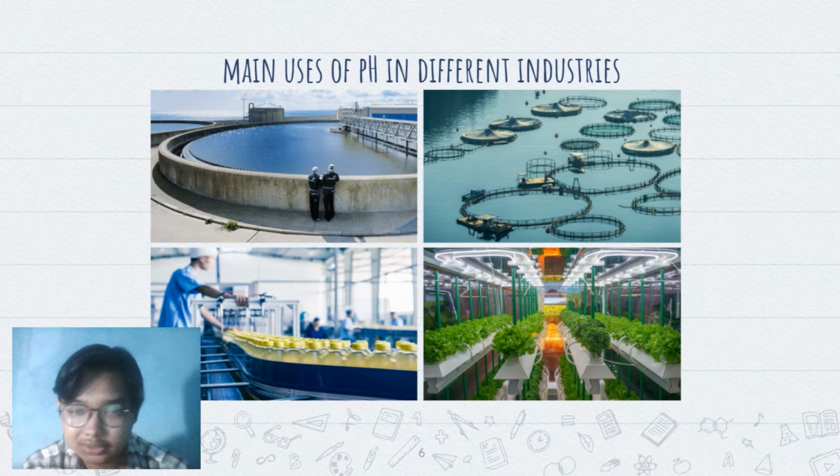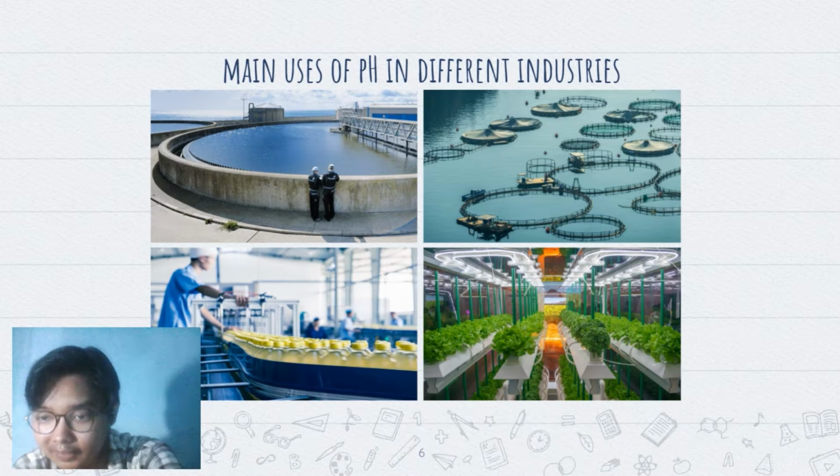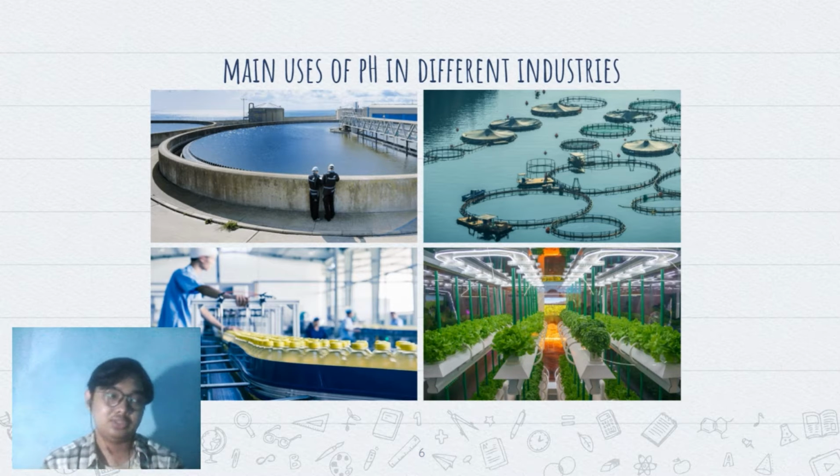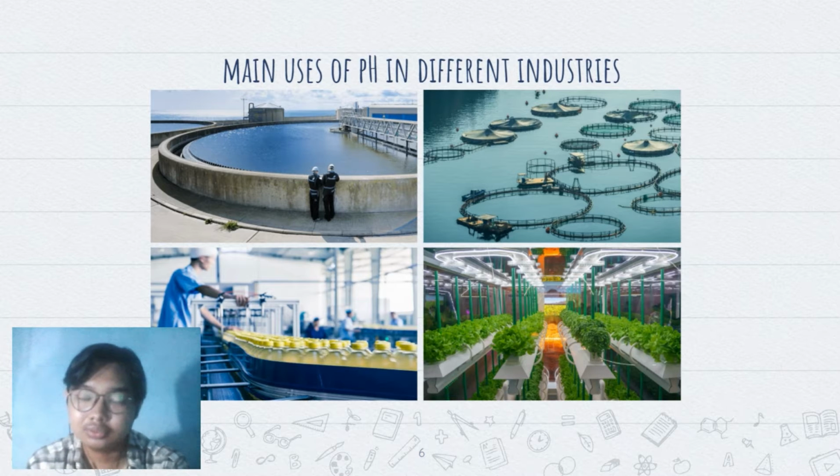The third, we find pH measurement in the food and beverage industry. For example, when water is used in beverages, we need to adjust it so it is not too acidic or too basic. Many foods also need their pH level adjusted so they won't be too acidic or toxic for the consumer.